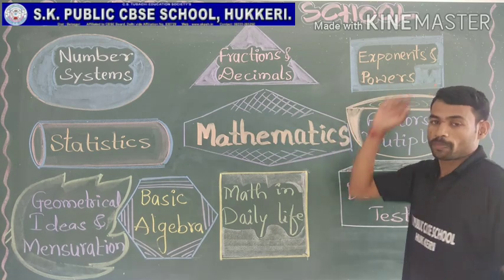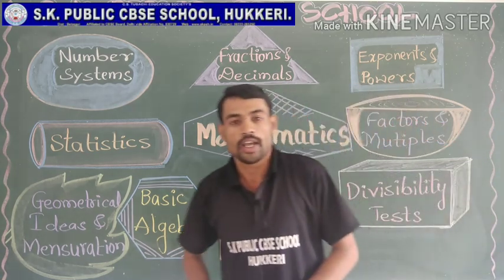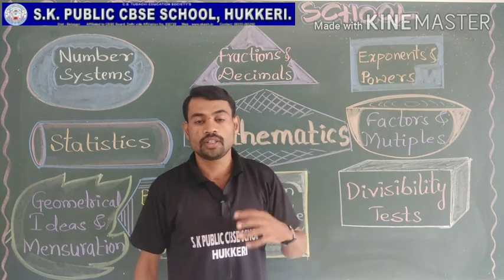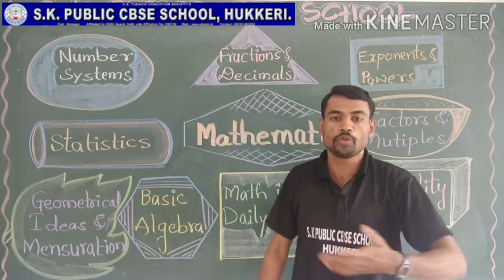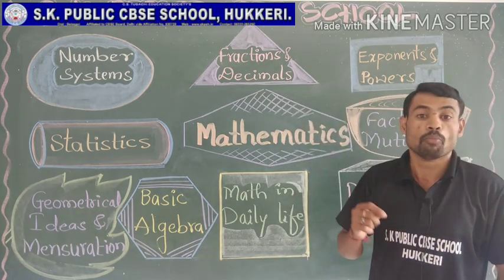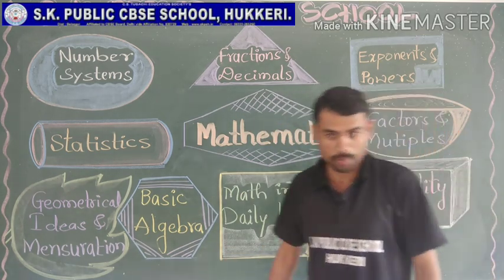Next we come to the third unit, called exponents and powers. This is the most important chapter that you need to study for the future. It is very important for most of the competitive examinations.